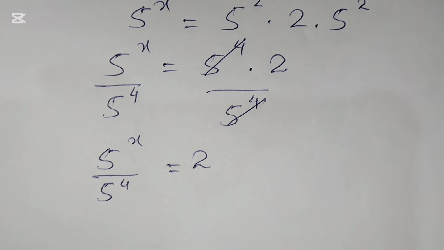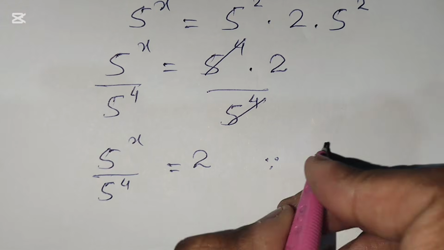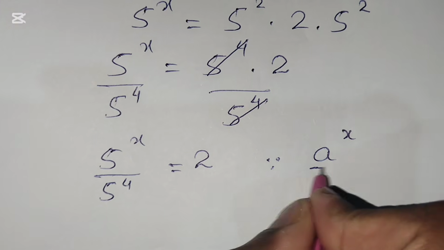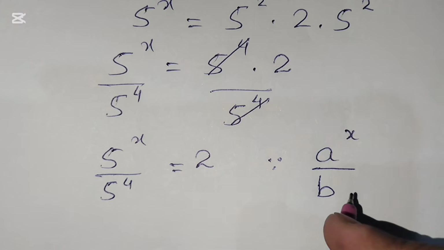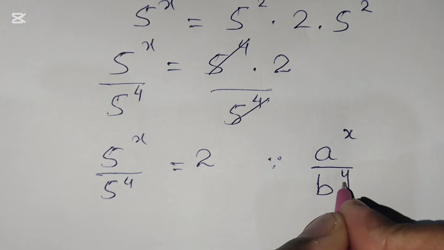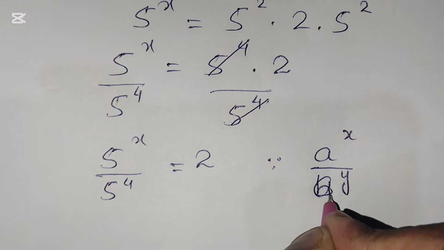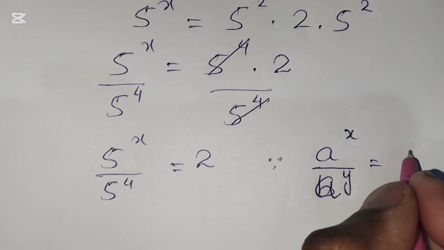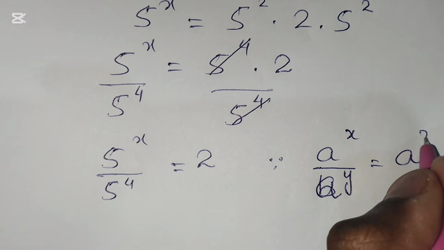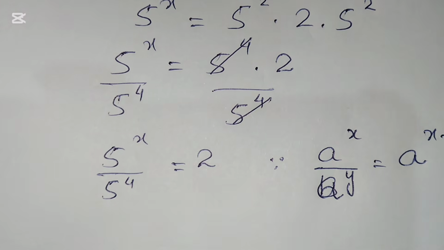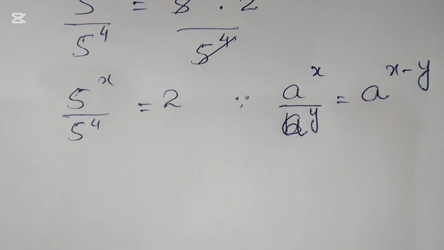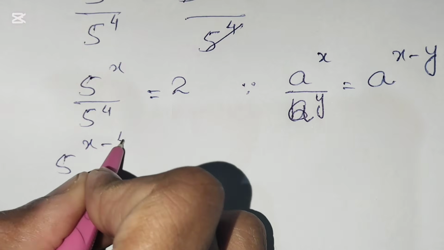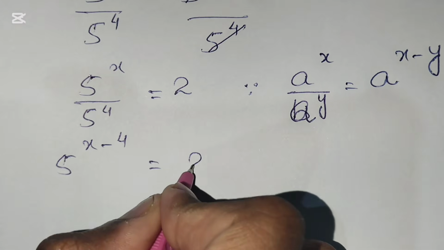Here we will use a formula: a power x over a power y is written as a power x minus y. So it will be 5 power x minus 4 is equal to 2.